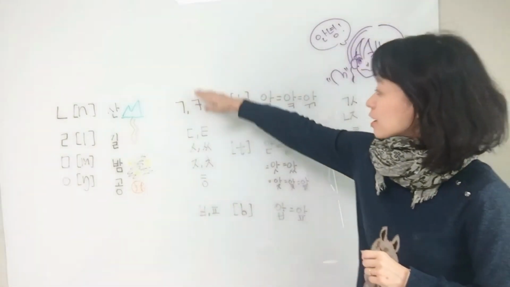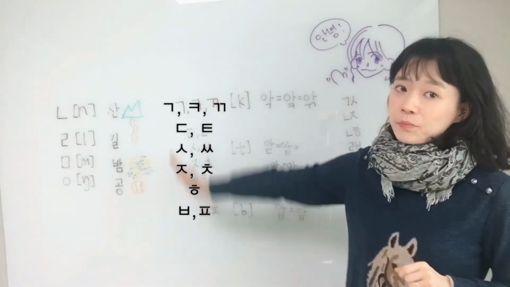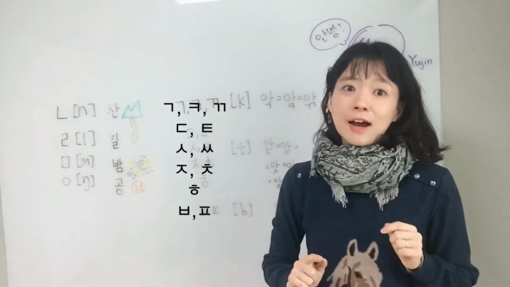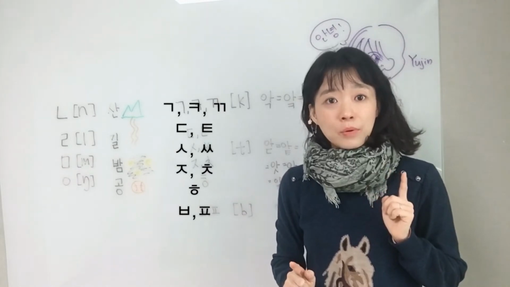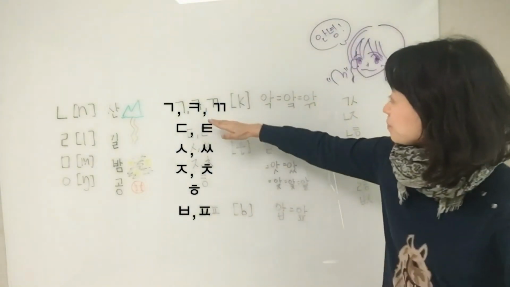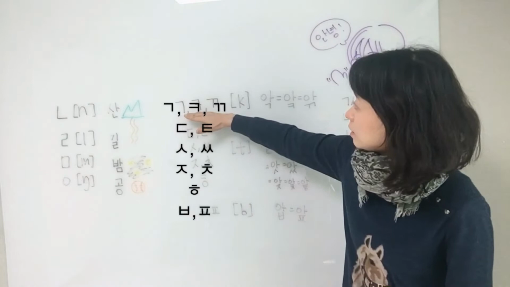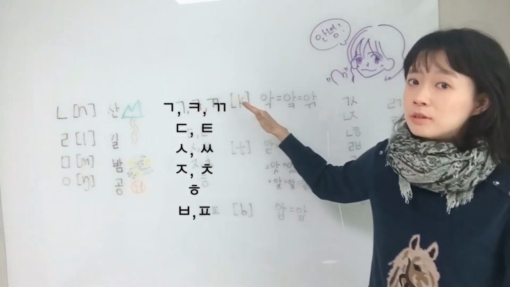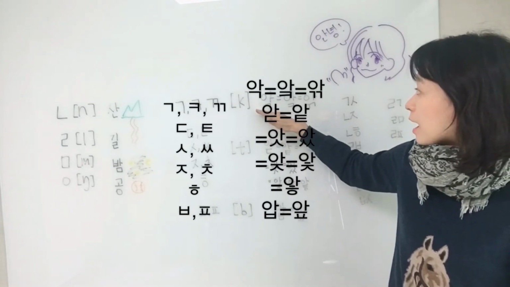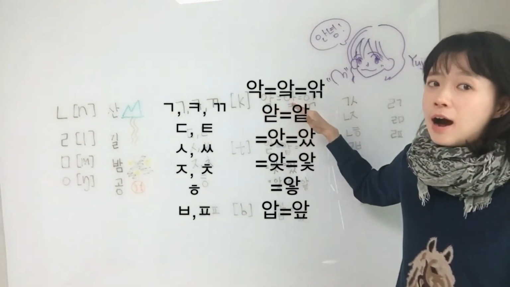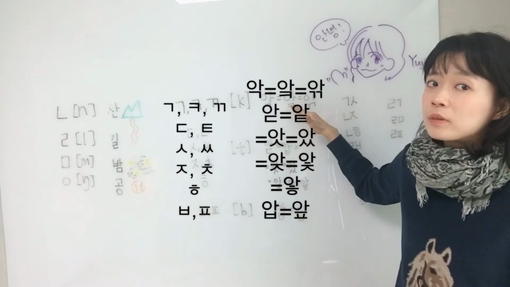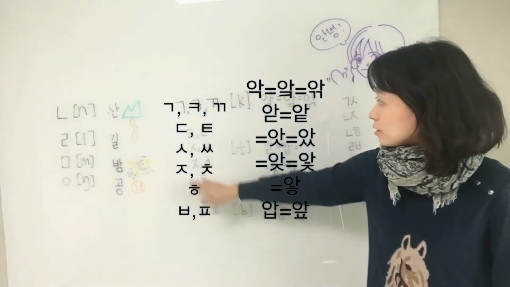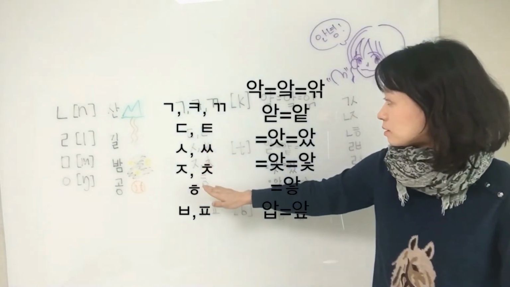So, these consonants, the sounds are neutralized to one sound. You see? ㄱ, ㅋ, ㄲ. They have the ㄱ sound, like this. And these are ㅌ, ㅅ, ㅈ, ㅊ, ㅎ.